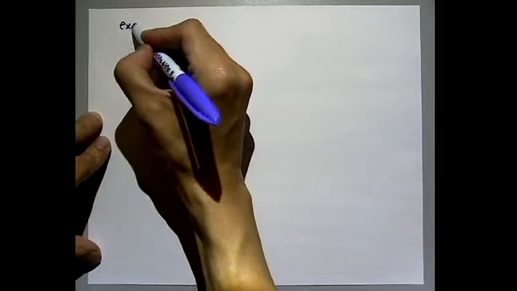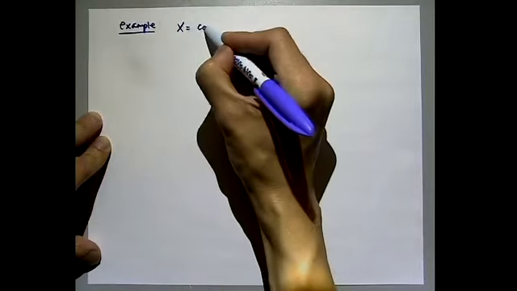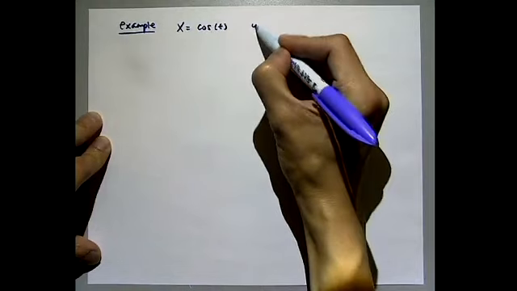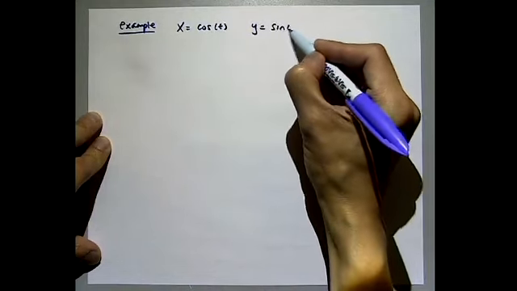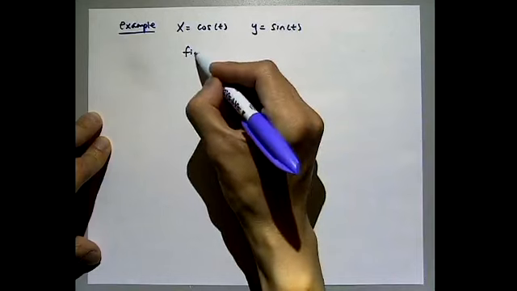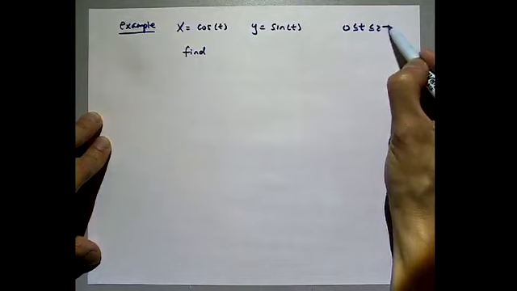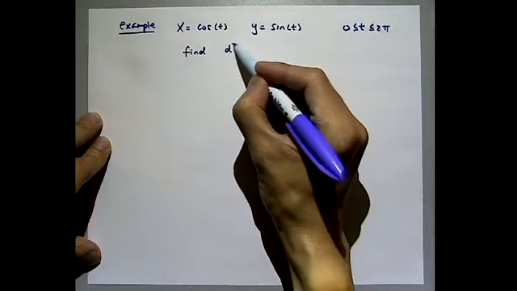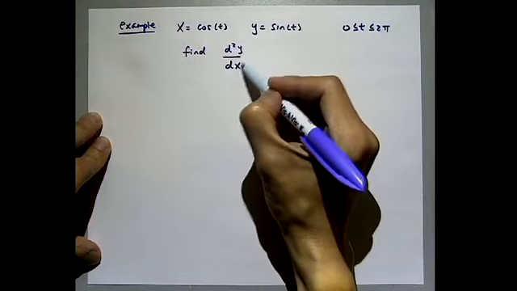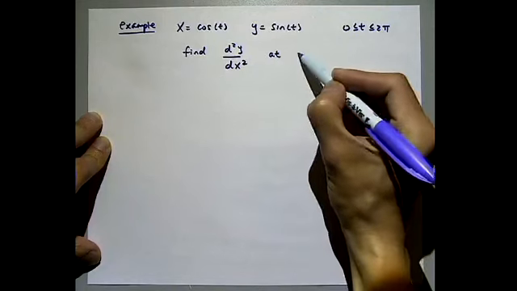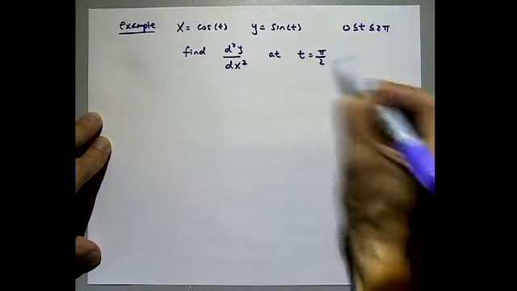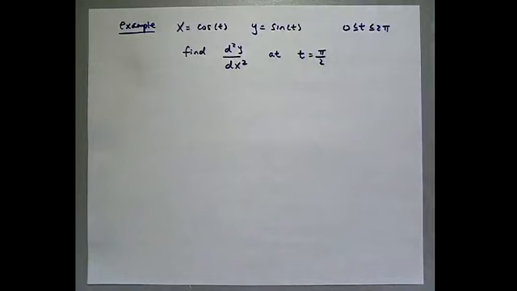Okay, so let's go back to that circle and try this out. We want to find the second derivative, again, at pi over 2.